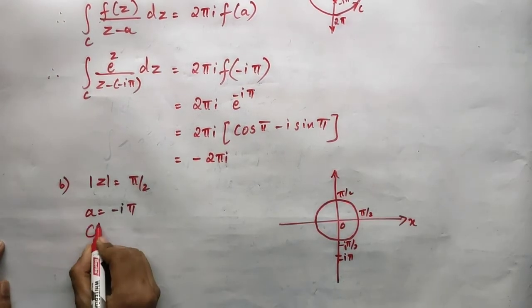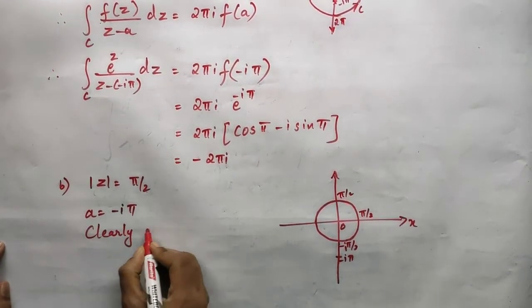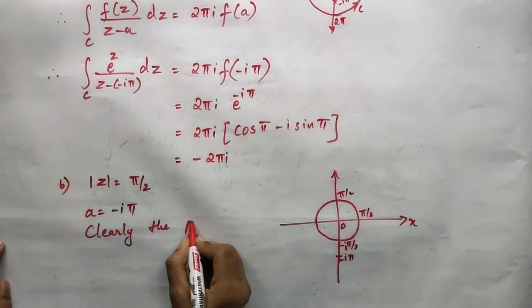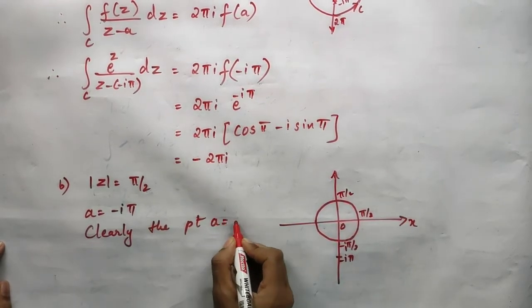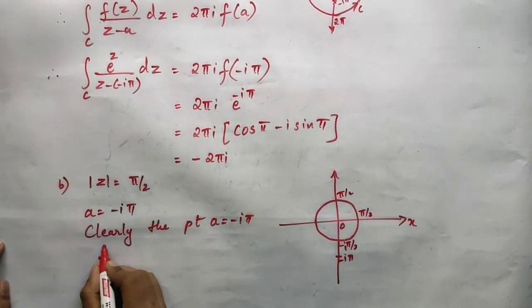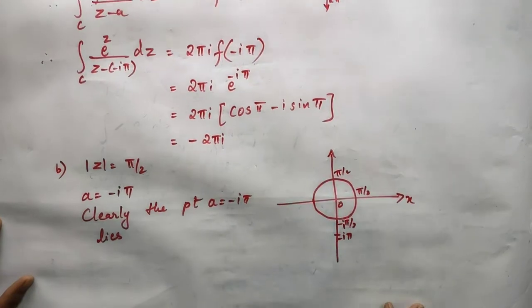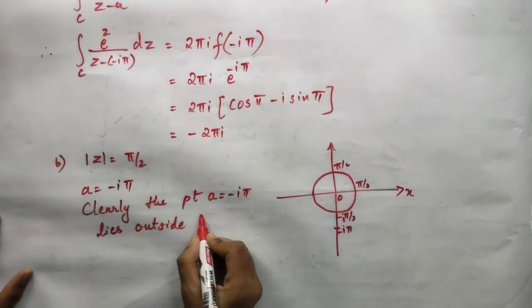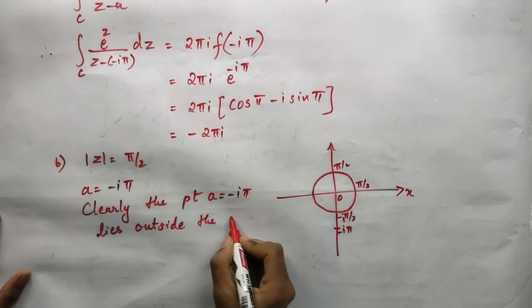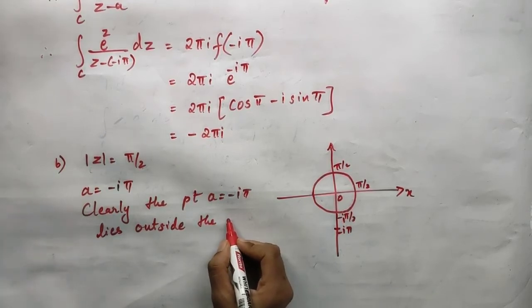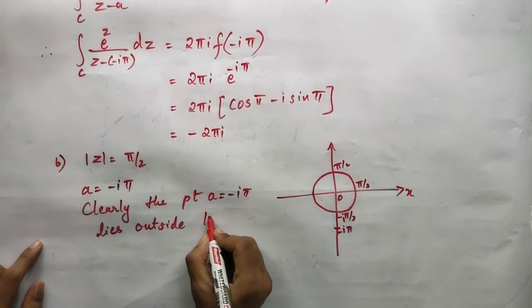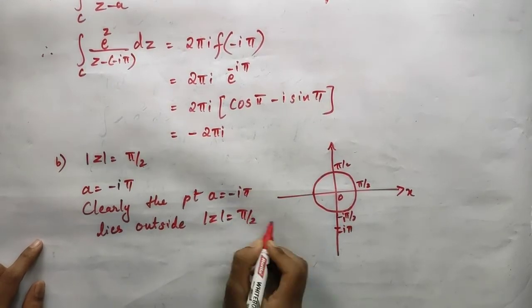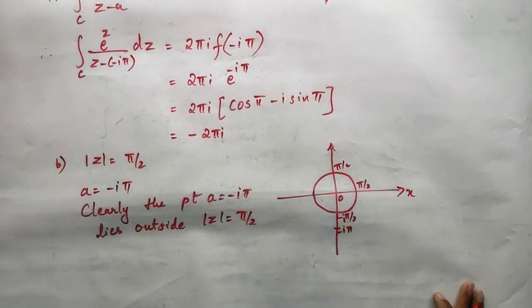So clearly the point A is equal to minus I pi lies outside the circle mod z is equal to pi by 2. That itself is a circle for us, right?